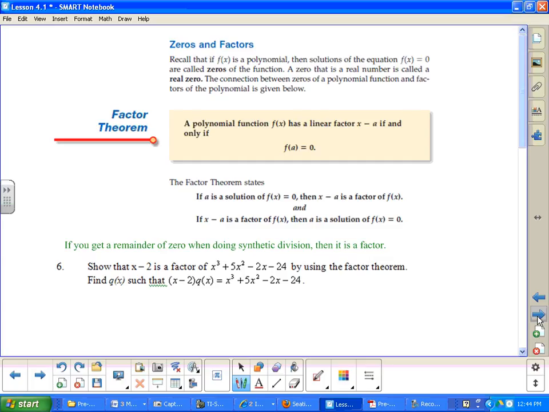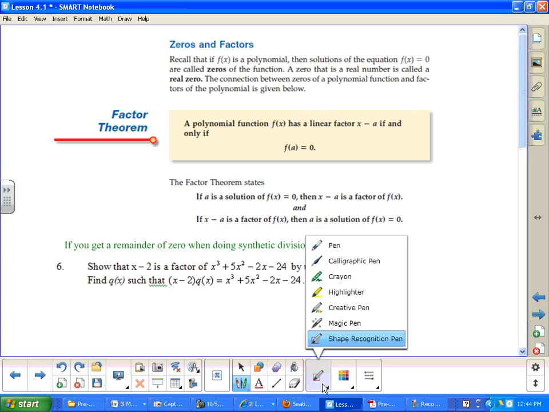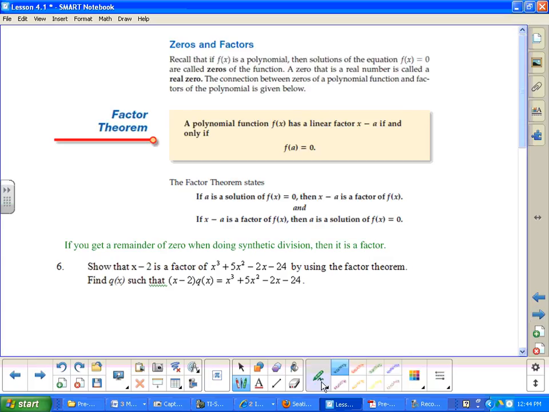Zeros. We've talked a lot about zeros over the last couple of years, couple of classes in here. Reminder that if x minus a is a factor, then a is a 0. If I have a linear factor of x minus a, then a is a 0.